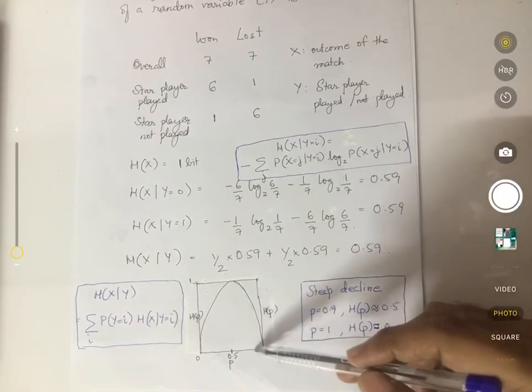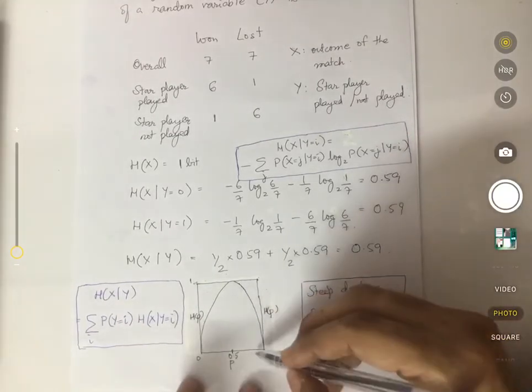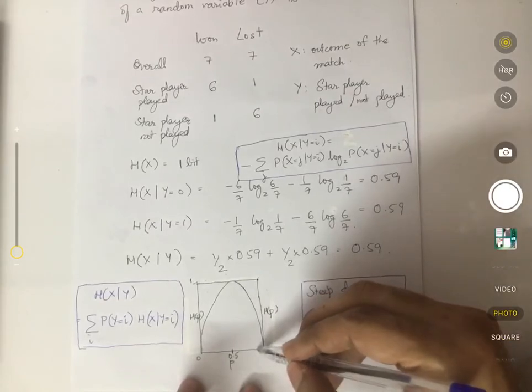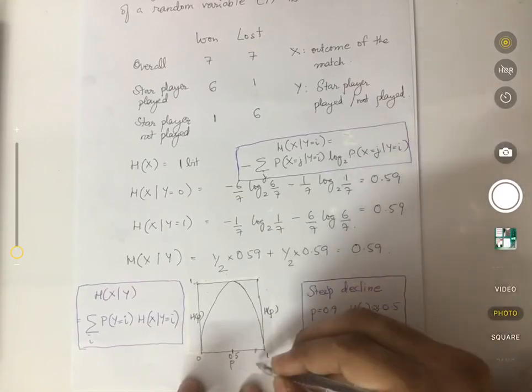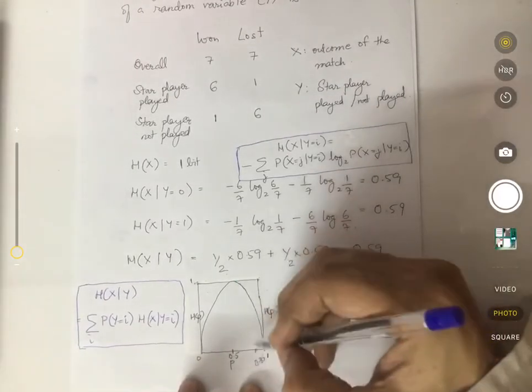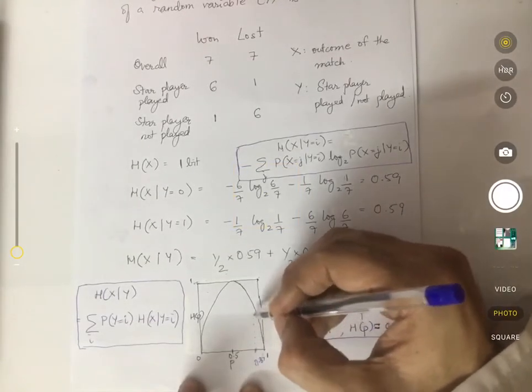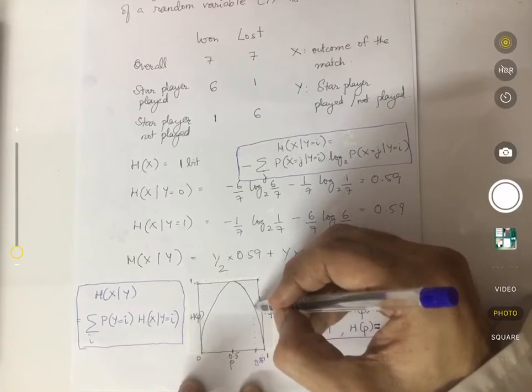You see, from p equal to 0.85 to p equals 1. So this is your, let's say, 0.85, right? So from p equals 0.85, you just extend this, right?